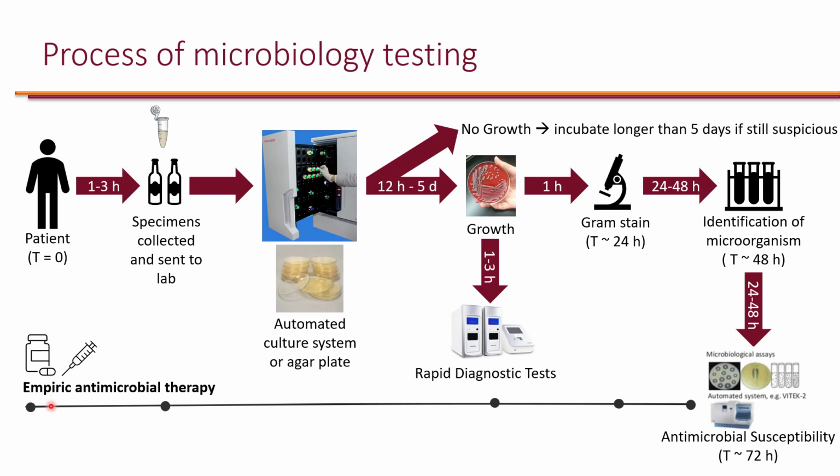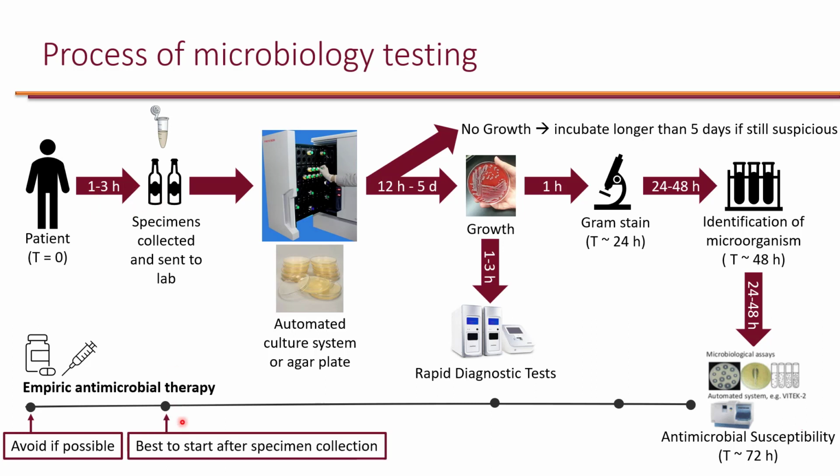So now we can look at the timeline of treatment. We typically want to avoid treatment as soon as the patient arrives, because if you give the antibiotics immediately, you might not be able to identify anything because you kill all the organisms. So you want to get your samples first if possible, and then start treatment after you get the samples.